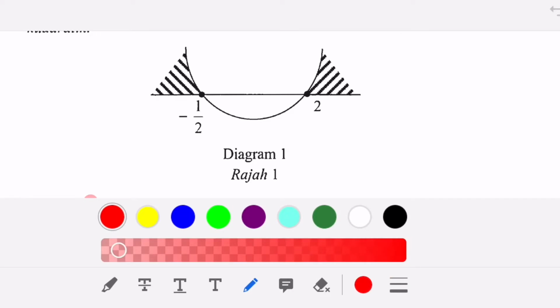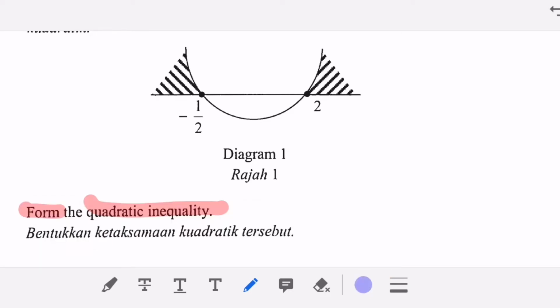All right, now look at the diagram. The diagram is shaded, right? So now we want to focus on the keywords. The diagram is shaded, and the question says you have to form the quadratic inequality.